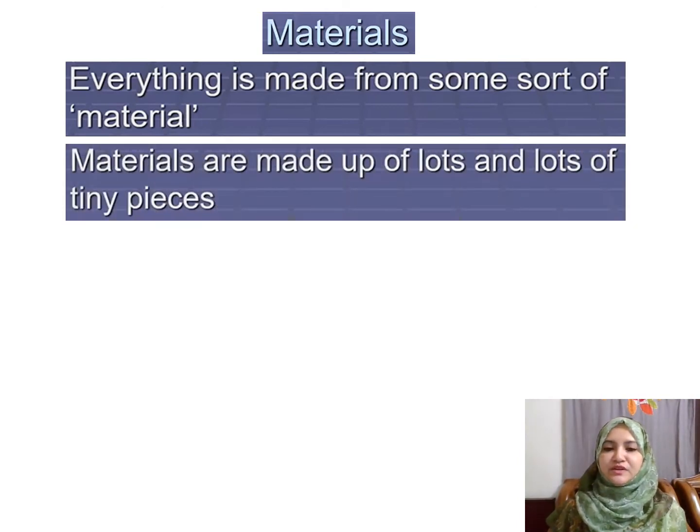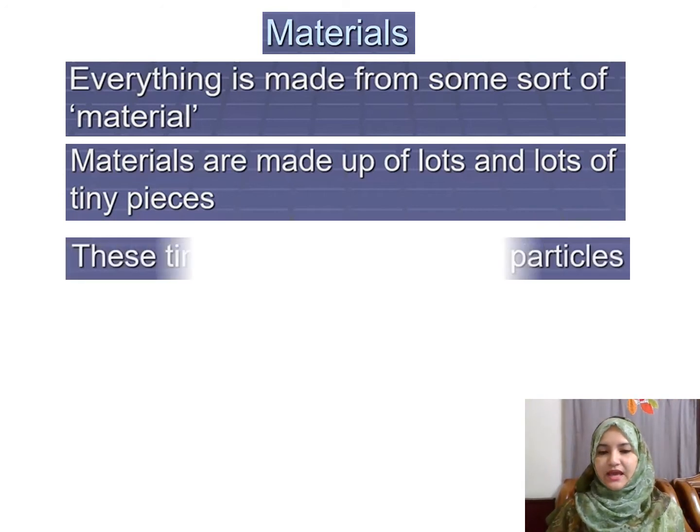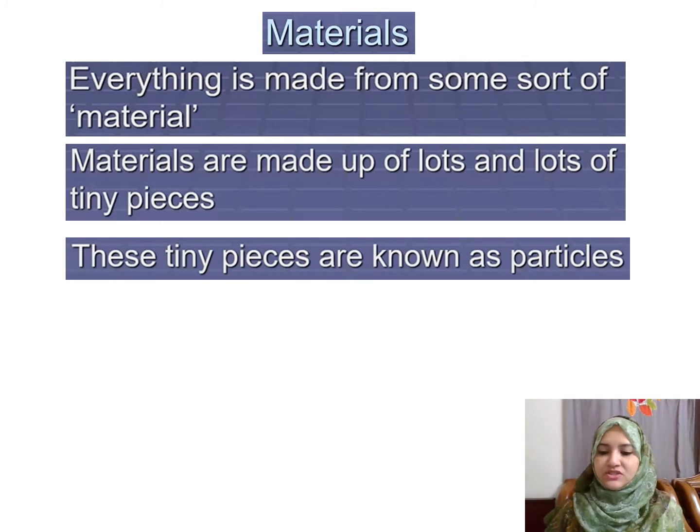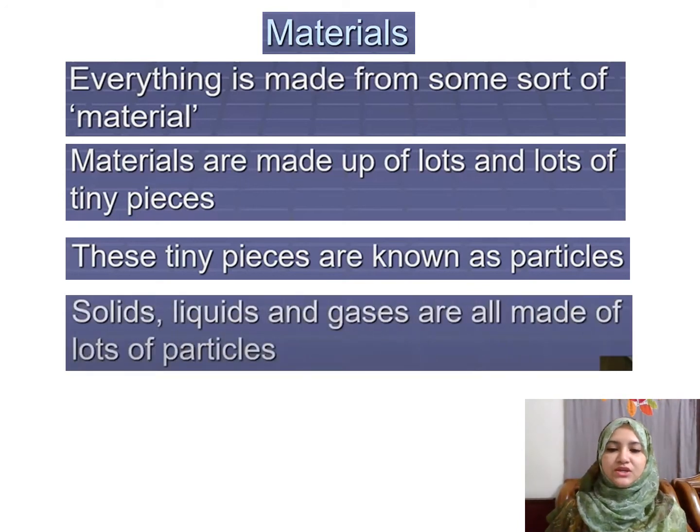Materials or matter are made up of lots and lots of tiny pieces, and these tiny pieces are known as particles, named atoms or molecules. Solids, liquids, and gases are all made of lots of particles, that means atoms or molecules.